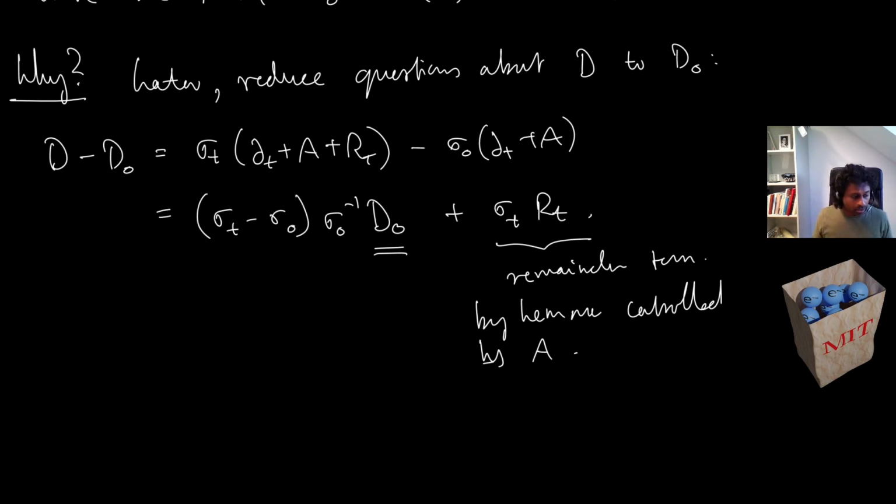So from now on, we're actually just going to consider the problem on the cylinder for the moment, right? But this is justifying why we can reduce questions about D to D naught. Of course, we haven't gone through and seen the precise estimates yet, but the thick and thin of it is that the difference between these operators take this kind of a form. So we want to be able to control D in terms of the D naught, right? And the justification is, well, it's a bit hand wavy, but the justification is this.